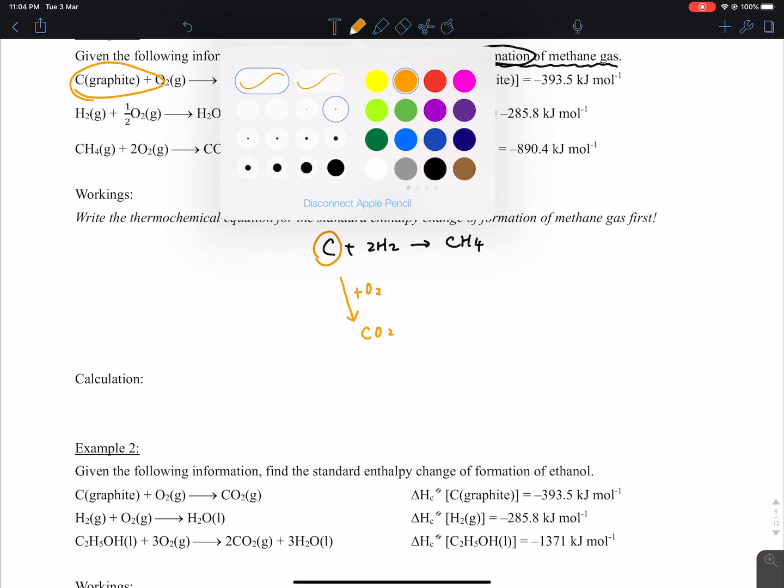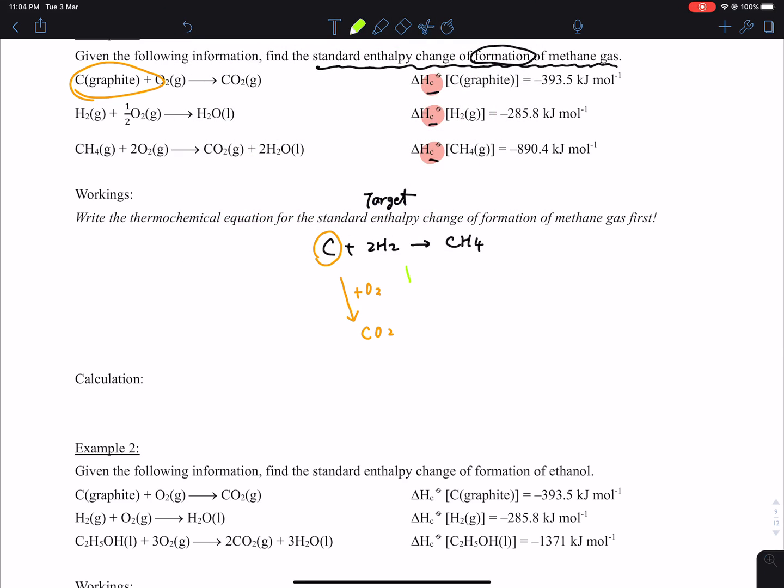Okay, next one, we get another one. H2 is over here, so it comes from the second thermochemical equation. But you can see hydrogen H2, you have to multiply it by 2 because we need 2 hydrogens in the target equation. Okay, alright, so the whole equation multiplied by 2, and don't forget to multiply the numbers by 2 as well.